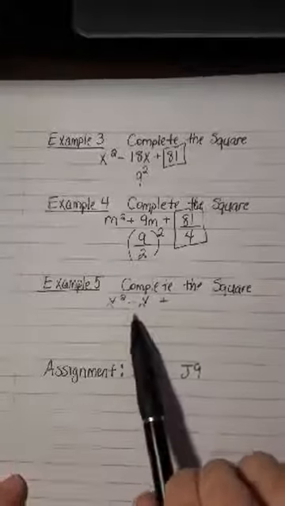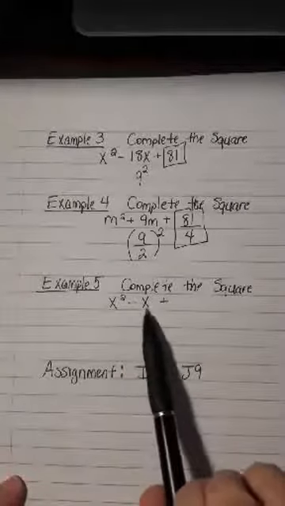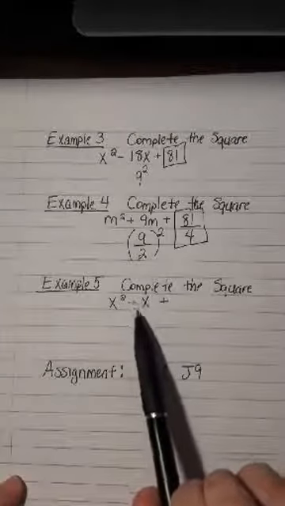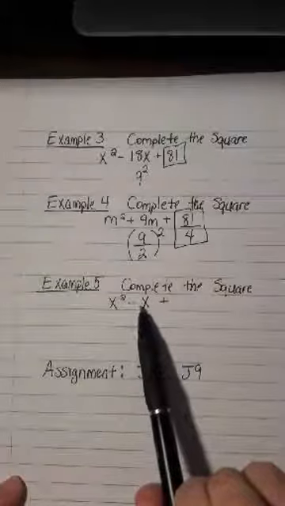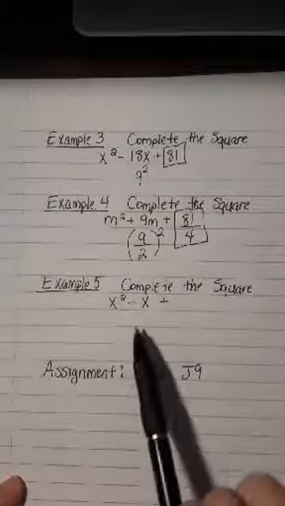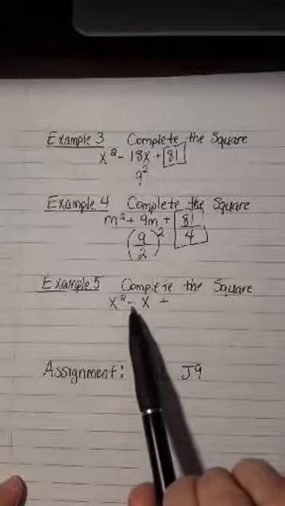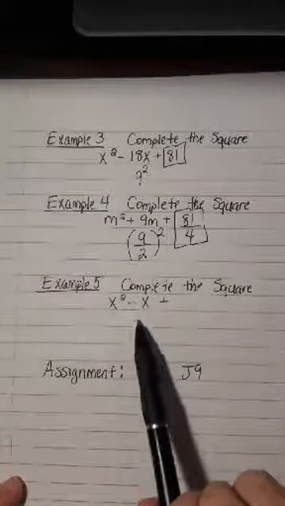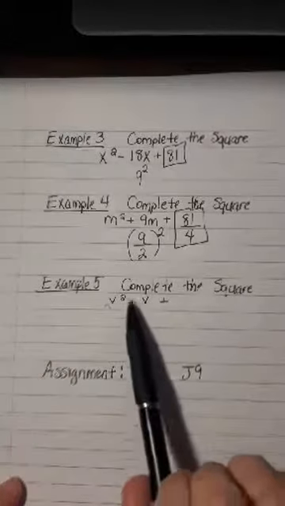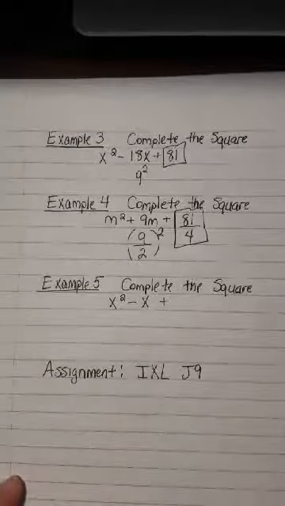And then on example 5, if you have x squared minus x and you want to complete this square, you're going to have to take half of the middle term, but if there's not a number there, remember it's understood to be a 1. Also remember, we're not concerned with the sign, because even though when you half this you get a negative, when you square it you're still going to get a positive. So don't even concern yourself at all with the sign.